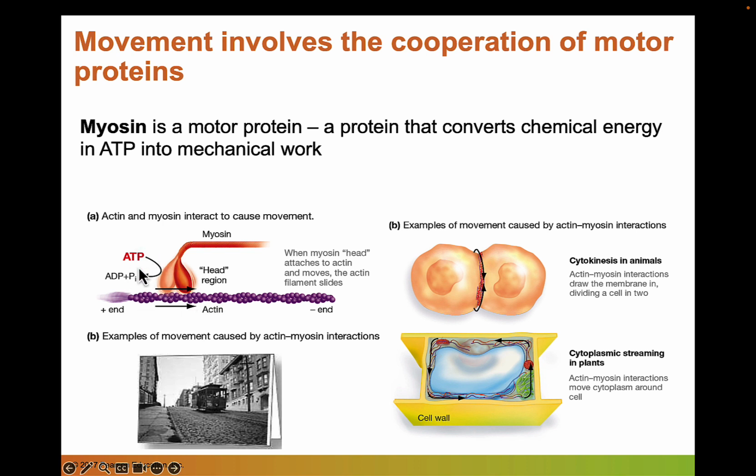It'll kind of start pulling the rope towards the plus end. And so the cargo and myosin will eventually move towards the plus end. And again, as I mentioned, this is really important for movement, but also for cytokinesis and for cytoplasmic streaming in plants that you observed in the Elodea.